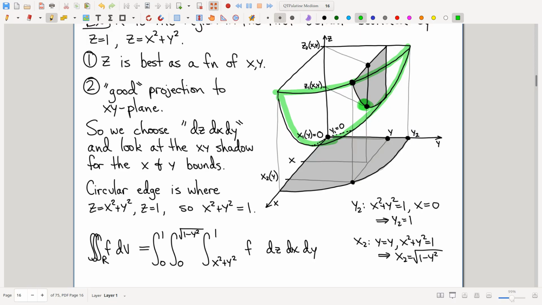And then likewise, no matter where you are in the shadow, the upper bound is always on that surface. So we're always going from a consistently the same lower surface to a consistently the same upper surface. That's really convenient, right? And you can solve for z in those two equations. Let's see here. For the lower one, we need to solve for z there.